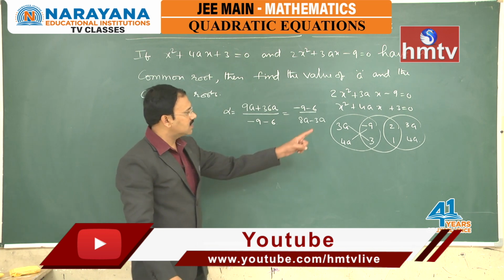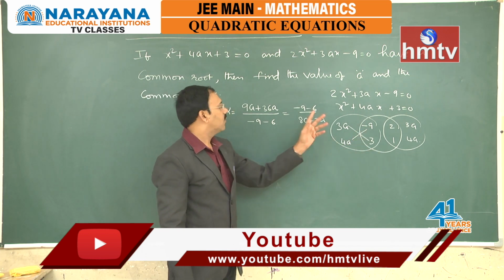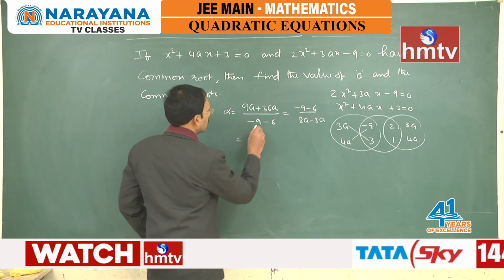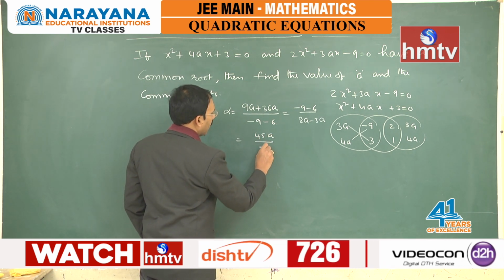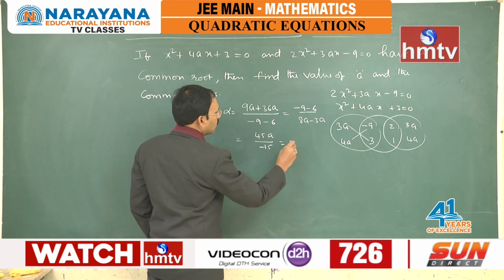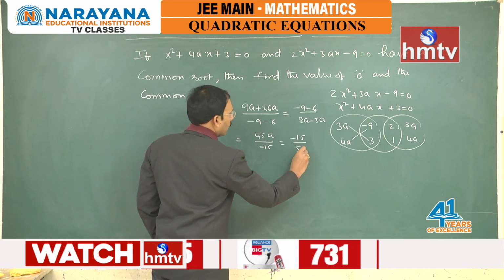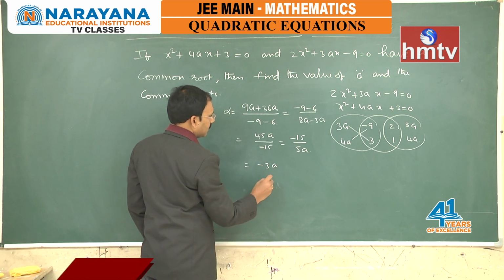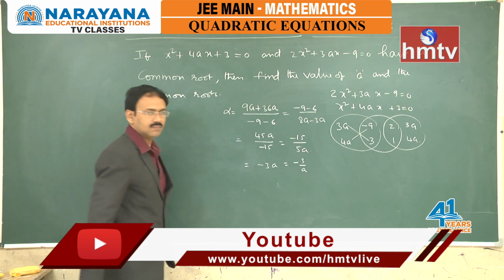The technique is first det by second is equal to second by third, which also gives the common root. So, this is 45a by minus 15, which is equal to minus 15 by 5a, which is equal to minus 3a is equal to minus 3 by a.